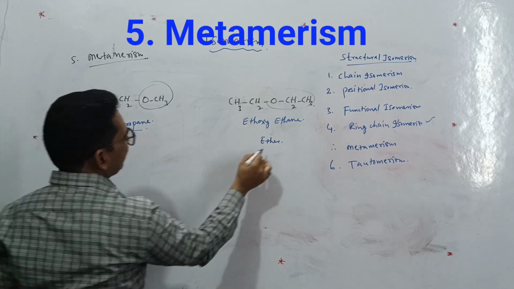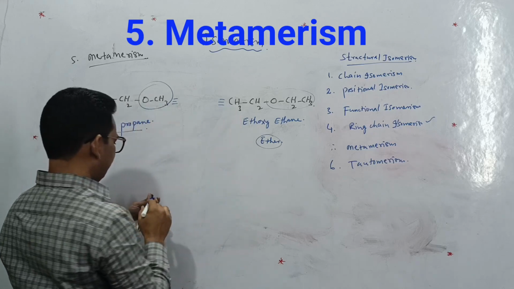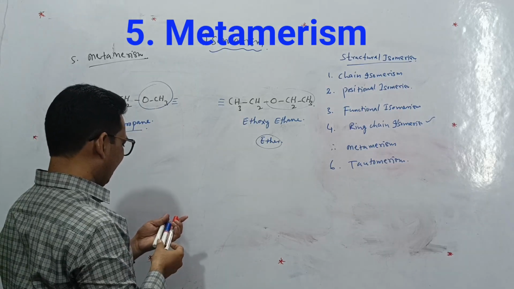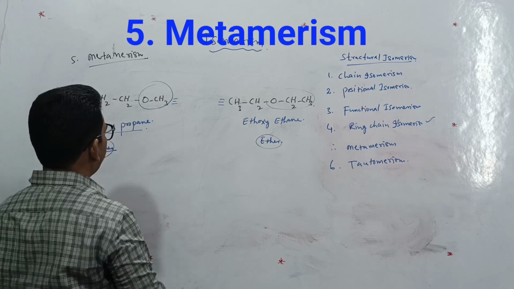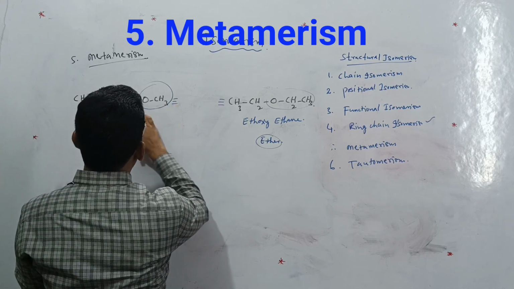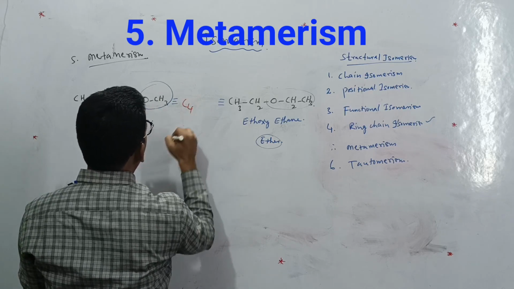This is also an ether. This is also an ether. But what is the difference in this case? The functional groups are the same, both are ethers only, but see, what molecular formula will it have? 1, 2, 3, 4 carbons. How many? 4 carbons.